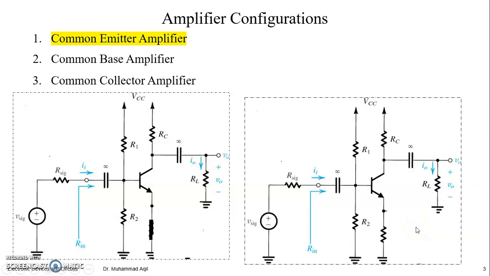The recommendation is to use the T model, but if you want to use the pi model, you have to be very careful while taking the emitter resistance, the discrete emitter resistance.